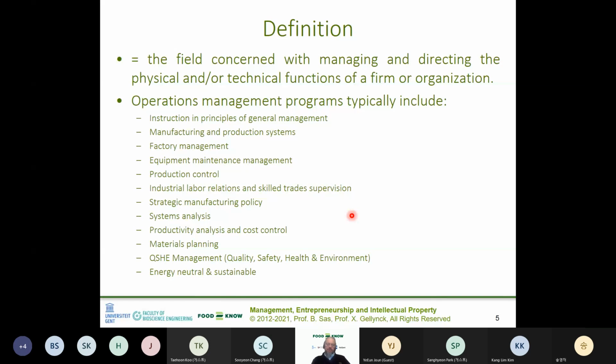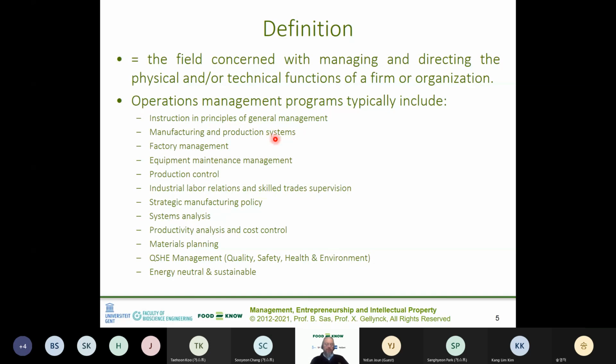So operation management is a field concerned with managing and directing all technical, of course not R&D, functions of a firm or an organization. It's also part of executive management.